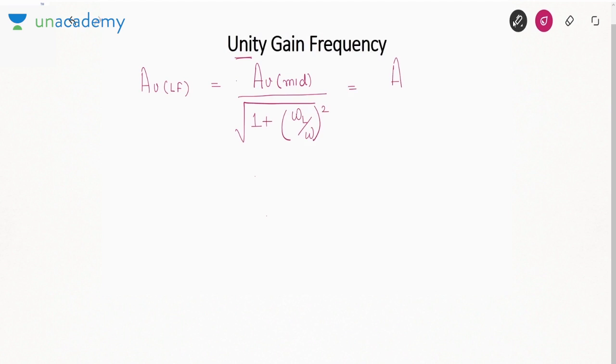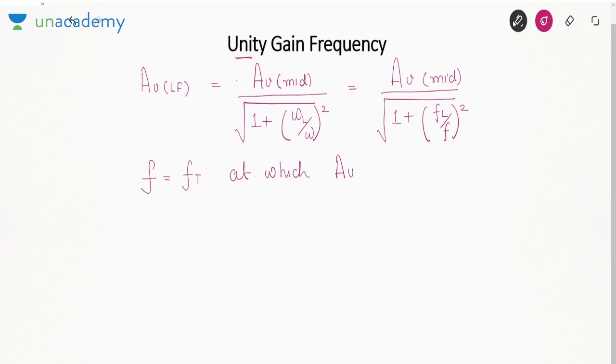Or if you replace omega as 2 pi f, 2 pi will get cancelled. It becomes 1 plus FL by f square. Now unity gain frequency means the frequency f equal to ft at which this gain becomes 1. The frequency at which the gain is 1 is called the unity gain frequency.